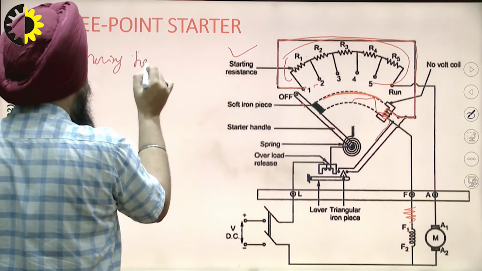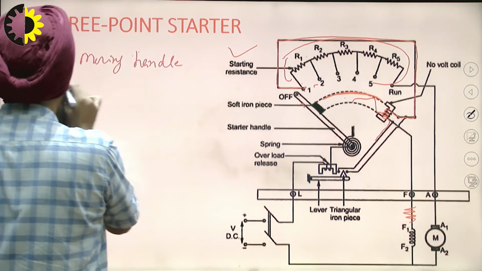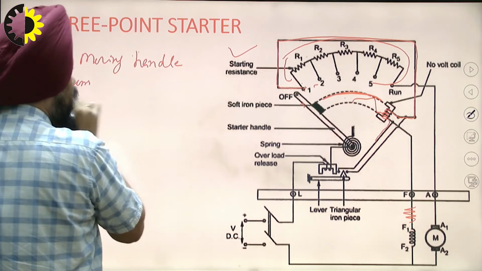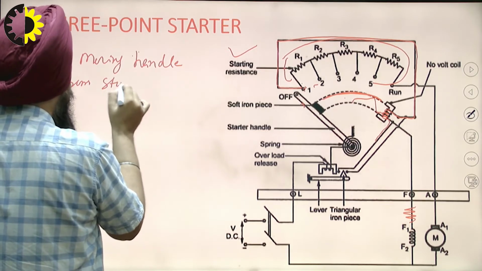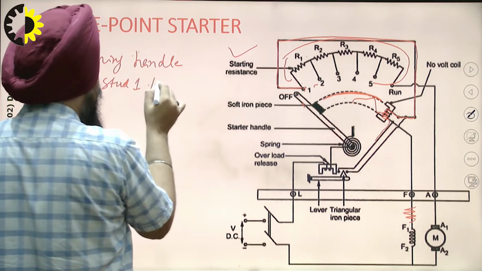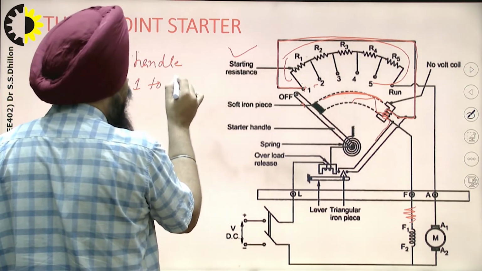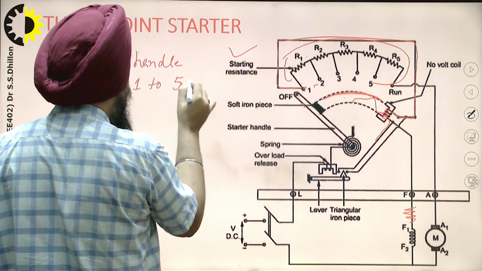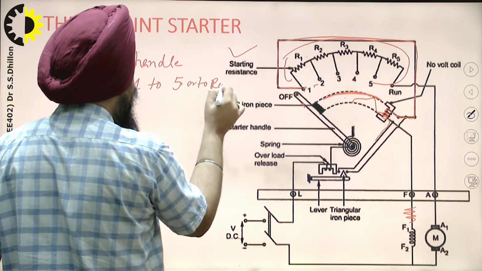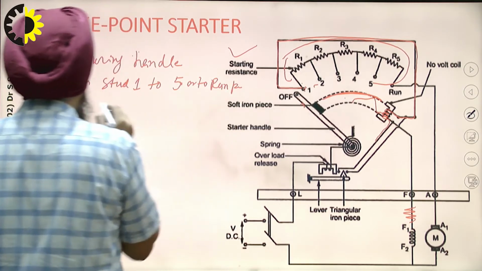When we move this handle from stud 1 to, as we discussed in the previous slide, 1 to 5 or the run position, what will happen?